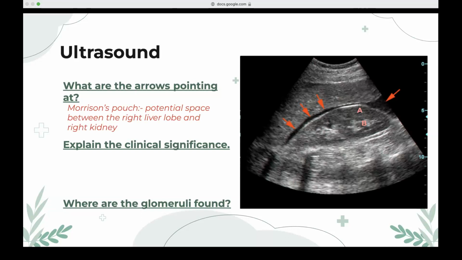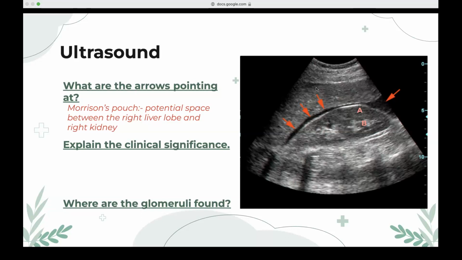It's the deepest space when the patient is lying supine. So whenever there is leakage of any blood or fluid while doing surgery, it's most likely to be in that space. Exactly. So fluid basically accumulates in this space when they're lying supine.